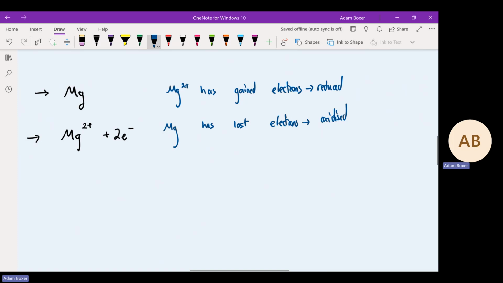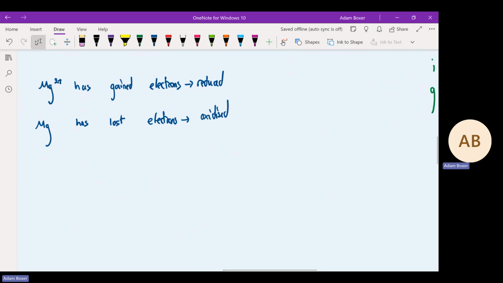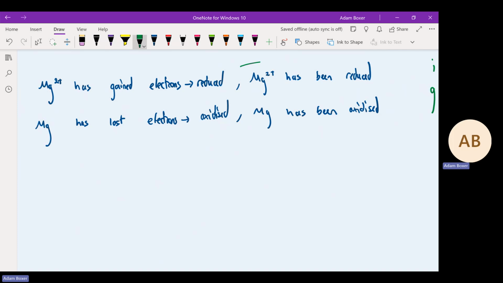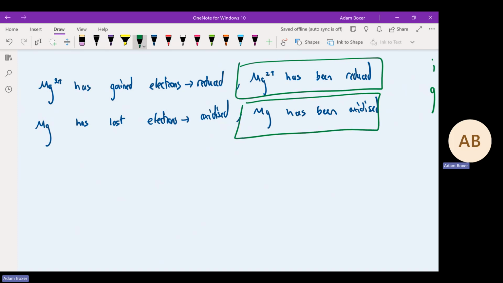And we're going to clean that up even more. Really the best way to write that is Mg2 plus has been reduced. And here Mg has been oxidized. This is absolutely 100% the best way to write it, the cleanest, the clearest summary that we can possibly imagine.